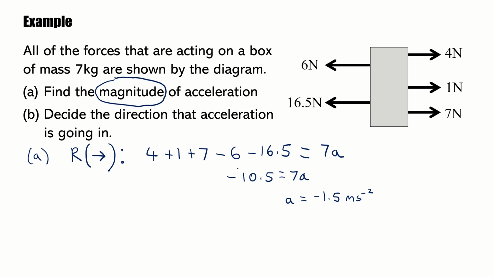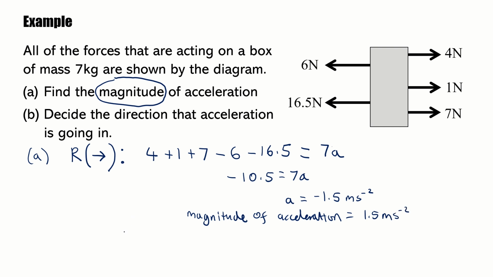The word magnitude means size, and that minus symbol is just to do with the direction of it, so it has no bearing on the size of the acceleration. The magnitude of the acceleration is just going to be 1.5 without the minus sign. So therefore the answer is just 1.5 meters per second squared.